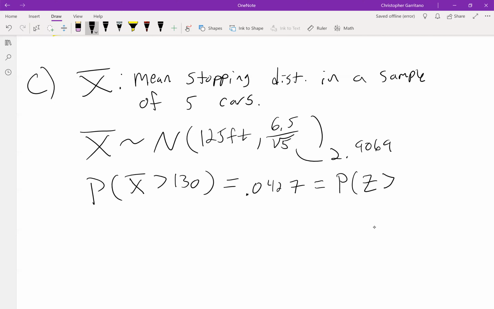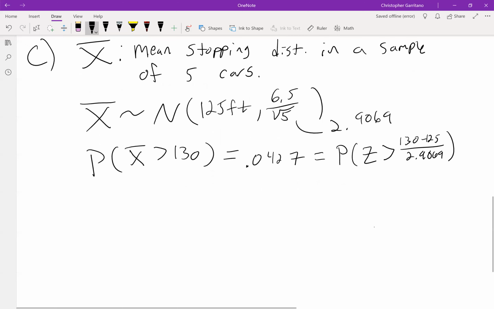So in other words, you could have made the statement that you're looking for the probability that z is equal to 130 minus 125 over 2.9069. So that's the transformation from x bar to z, right? Just to sort of really make sure you understand that these two are exactly the same thing.